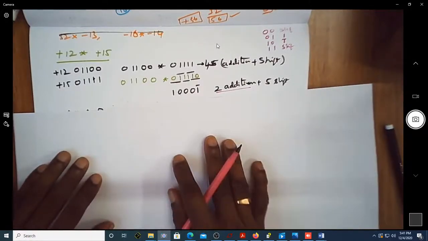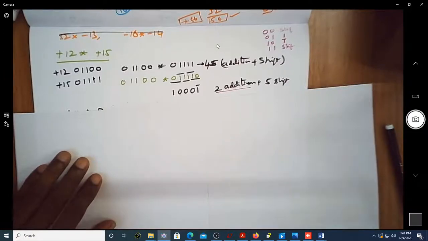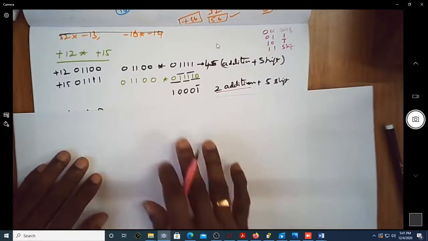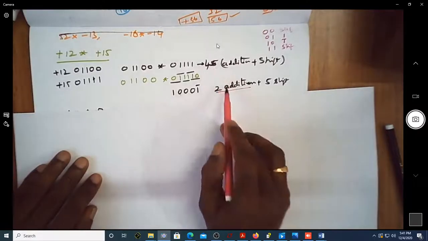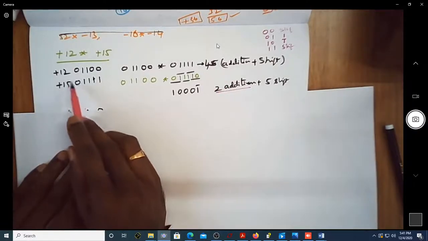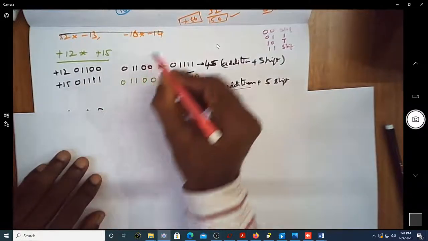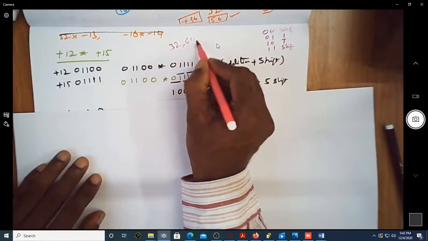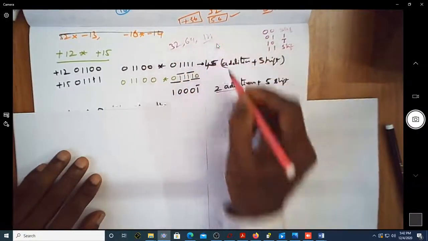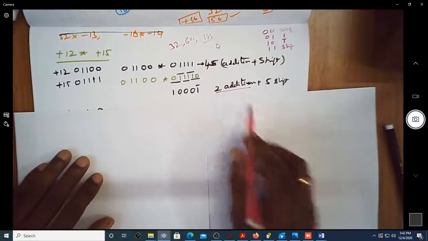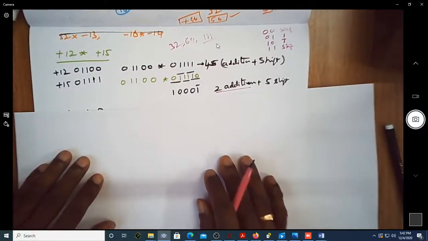This way we can certainly reduce the number of additions, which will overall reduce the time required for multiplication. You are saving a lot of addition time just in a 4-bit binary number with a sign bit, which happens to be 5 bits. Assume that you have a 32-bit, 64-bit or 128-bit number. You will be saving a lot of time in multiplication of those numbers.